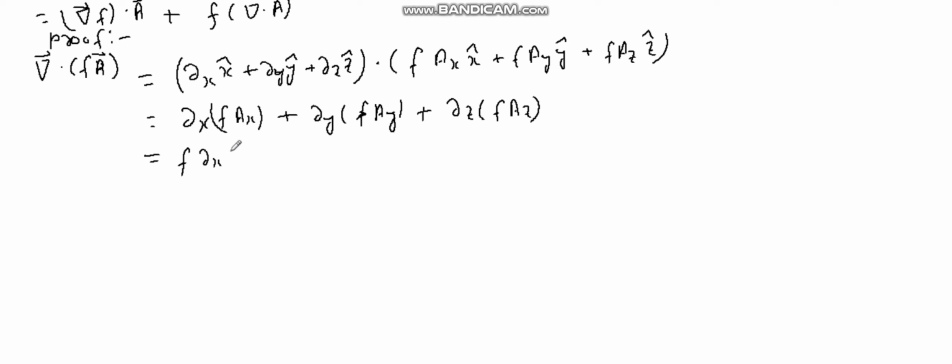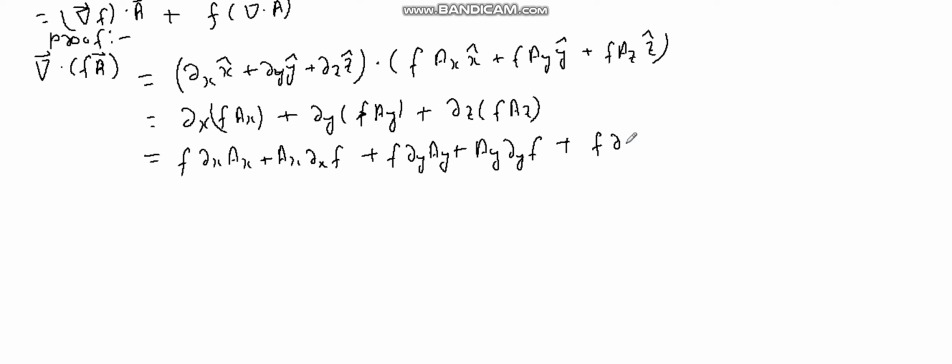So it is like this, plus in a similar way we will have f del y of ay plus ay del y of f, plus f del z of az plus az del z of f, right?